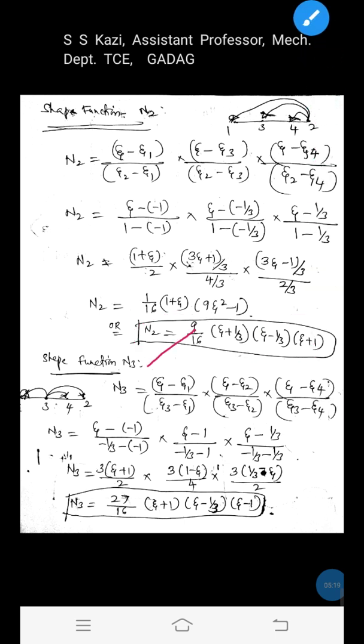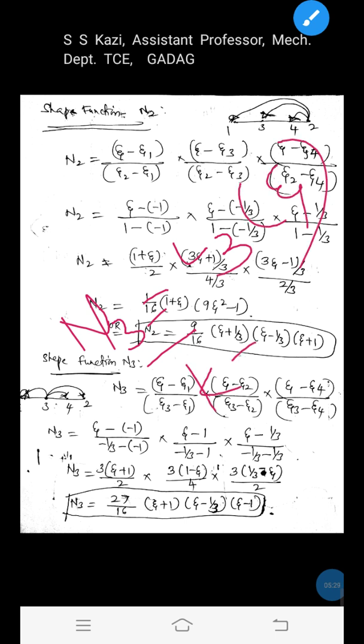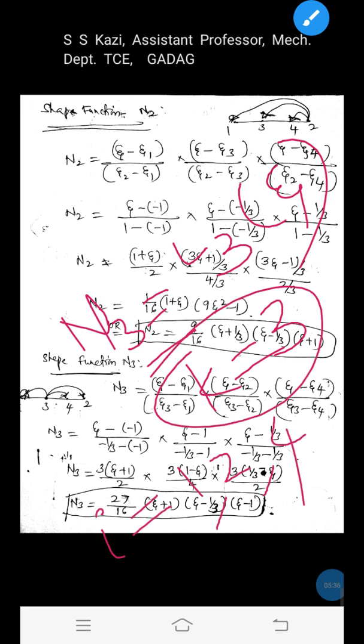Next, the shape function N3 can be written by using the Lagrangian shape function L3 of zeta, where k is equal to 3, and i should not be equal to k, so i is equal to 1, 2 and 4. That means again three ratios you will get.